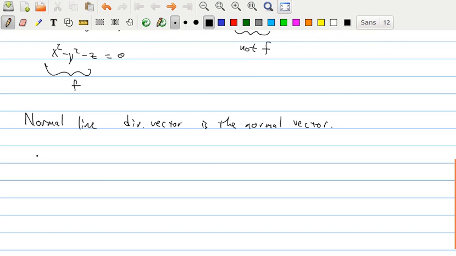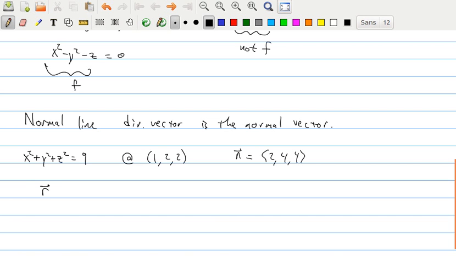So if we wanted to take the example we did previously, where we had x squared plus y squared plus z squared equals 9, at the point 1, 2, 2. Our normal line, well, first we found that the normal vector was 2, 4, 4. This is what we had done in the previous example. So now this is the direction vector for this line.